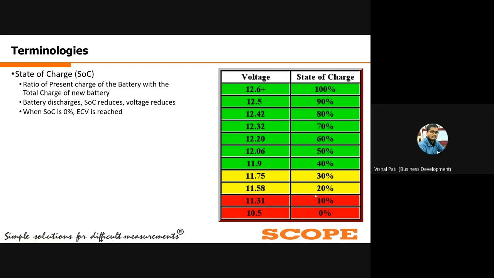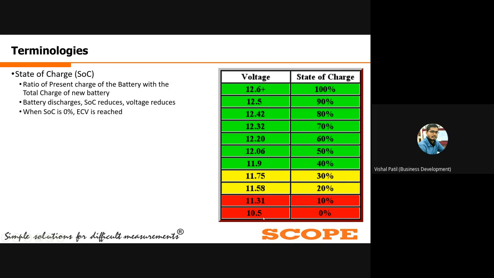So the state of charge of that particular cell, if it is 12.6 volts, is considered 100%. If the battery voltage or cell voltage drops, then you can see this chart. Based on this ratio, we can calculate the state of charge in percentage. Generally you can see there is a 10.5 volt.